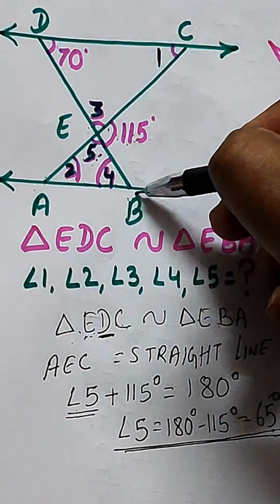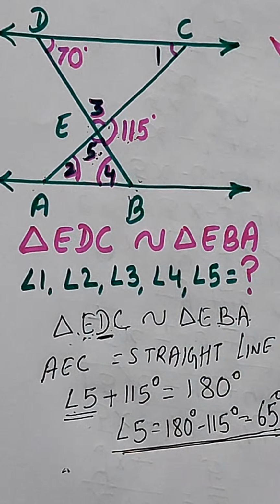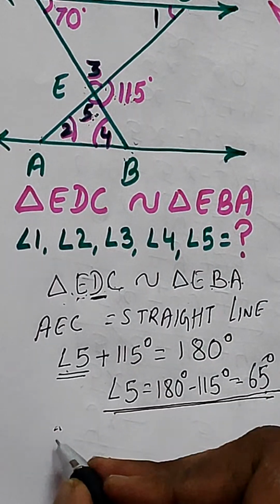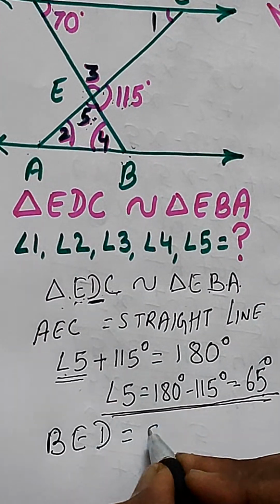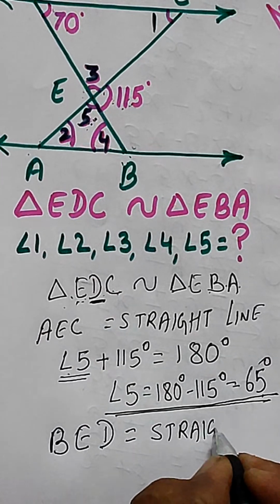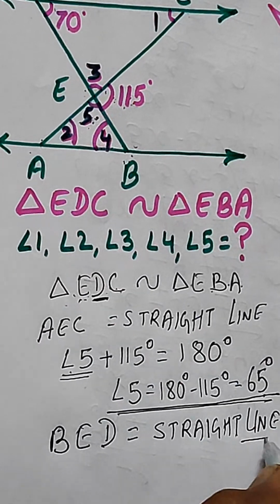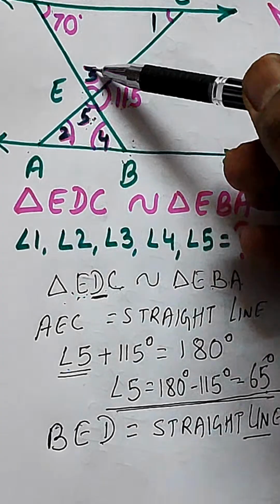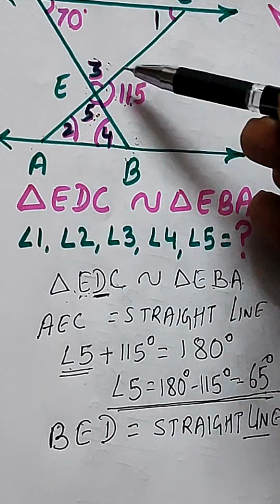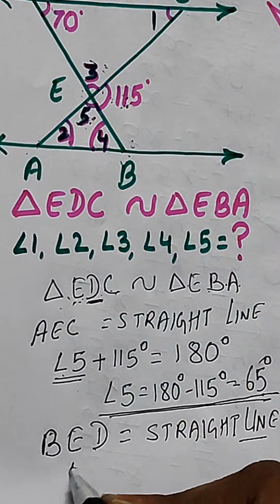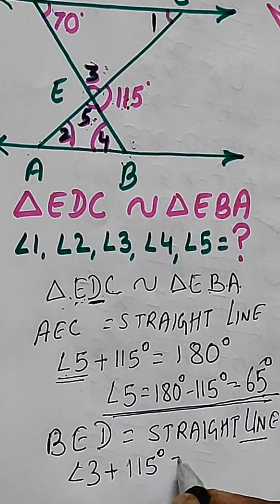Similarly, the line BED is a straight line, so we can say angle 3 plus 115 degrees will add to form 180 degrees.